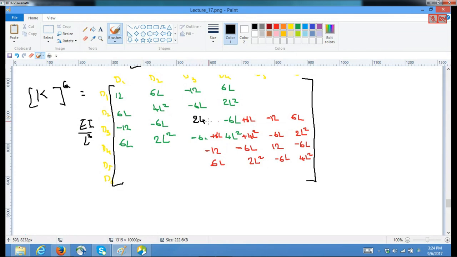This minus 6L plus L becomes 0. And this minus 6L plus L again becomes 0.